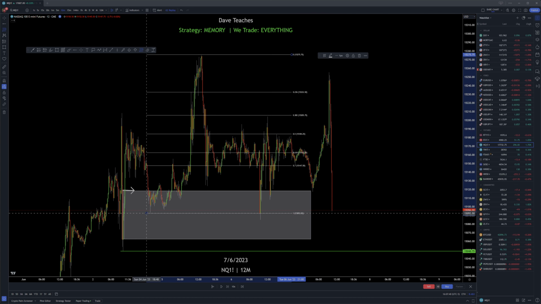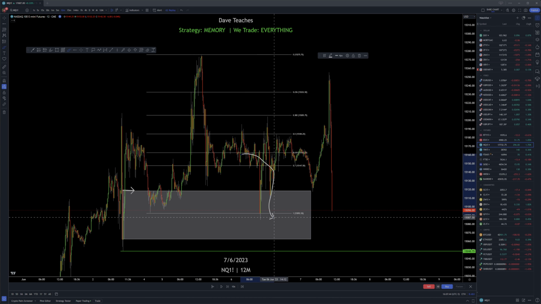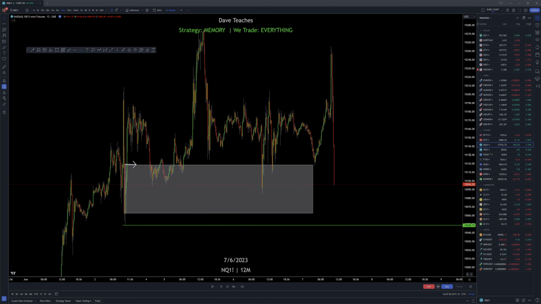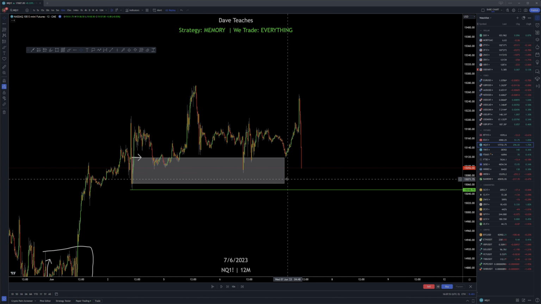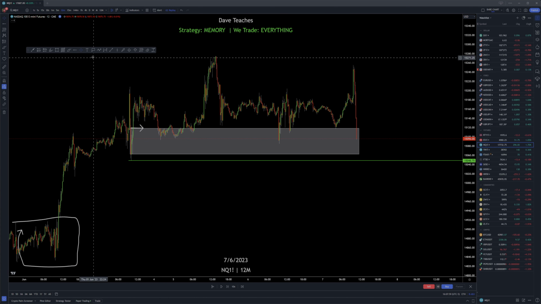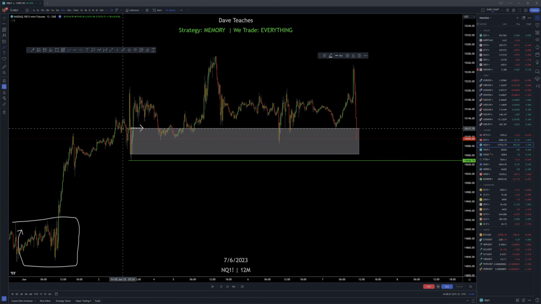Was it the OT yeet? Nope, because they got yeeted. So what did we tap there? The 50% of the unmitigated fractal below.